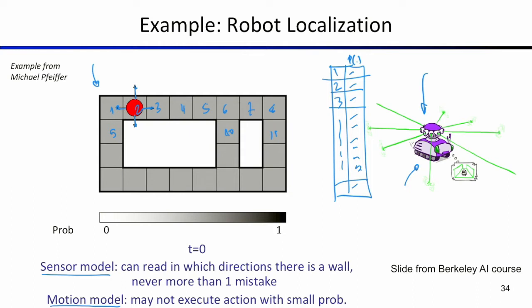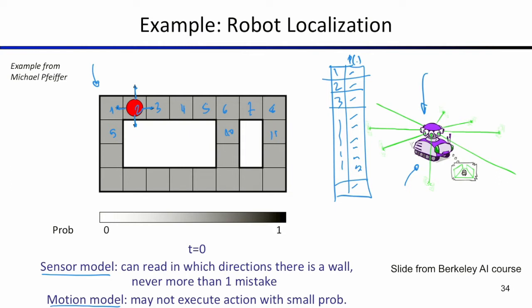So if you say move to the left or move to the right, it may, for instance, stay in the same position with a small probability, because it touched some obstacle and could not move, or it was a little bit slippery and it stayed in the same position. We're going to revisit those models and make some more realistic assumptions when we discuss particle filtering at the end of this lecture. But for now, it is enough.